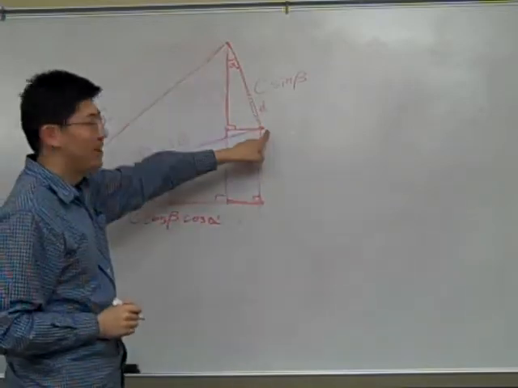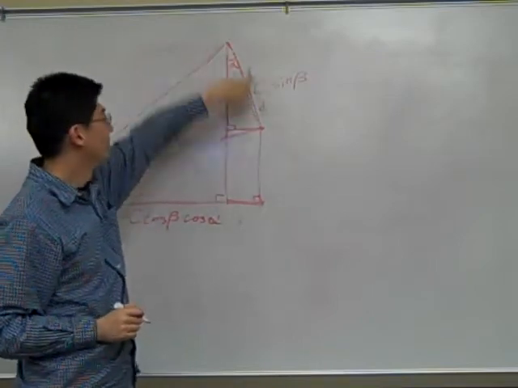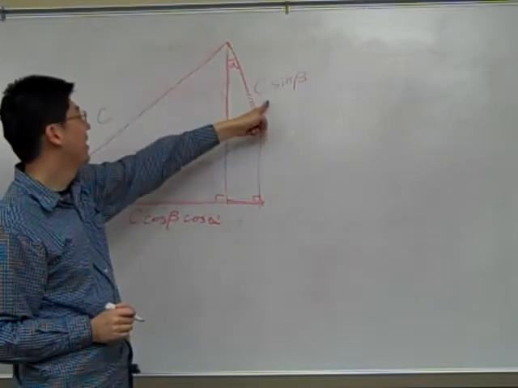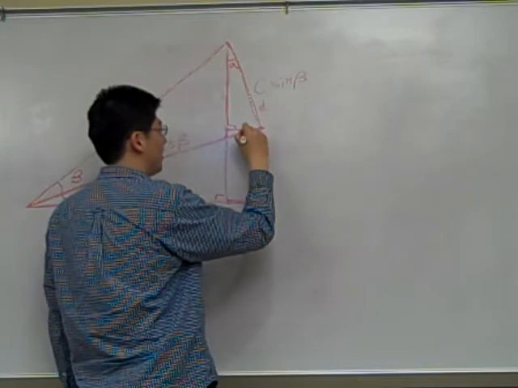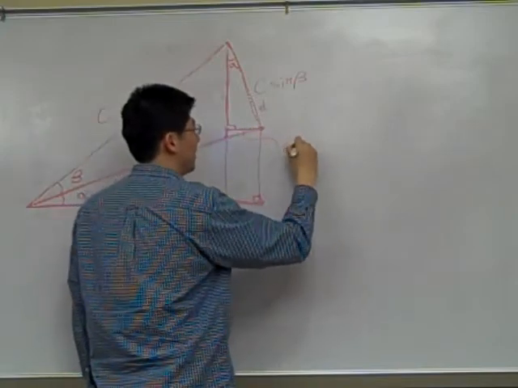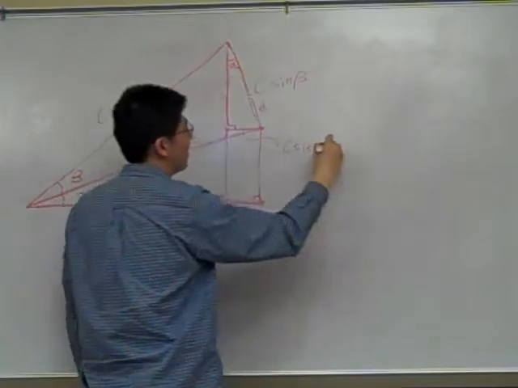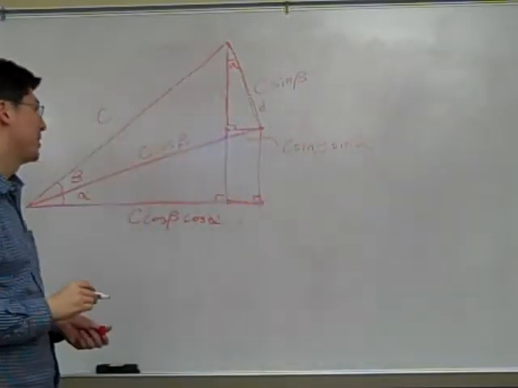Here this is the hypotenuse, and this is the opposite side to this angle. Remember, to find the length of the opposite side, take the hypotenuse and multiply it by the sine of this angle. So this is going to give us c sine of beta, the hypotenuse length, times the sine of the angle, which is the length of the opposite side.